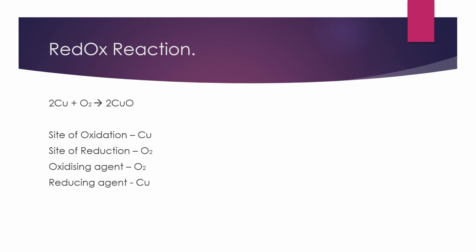What is an agent? What is an oxidizing agent and a reducing agent? The site of oxidation is where the oxidation occurs, and the oxidizing agent is the other element for which the element is getting oxidized. In the reactants we can see 2Cu, that is copper, and oxygen. For the oxygen, copper is getting oxidized.